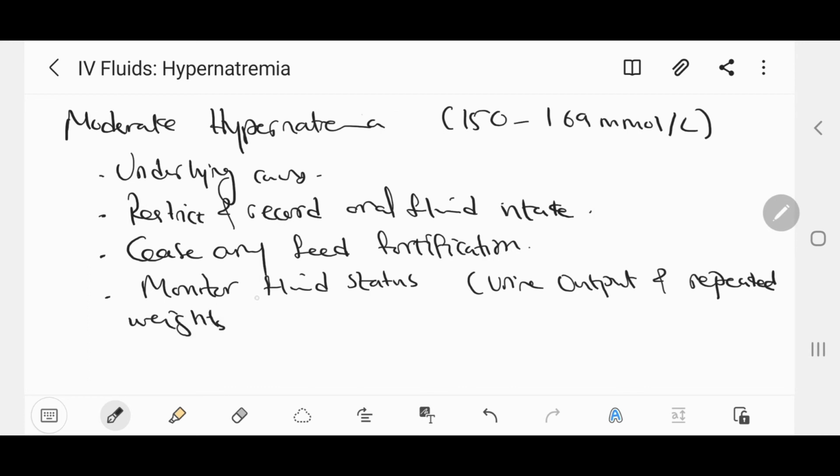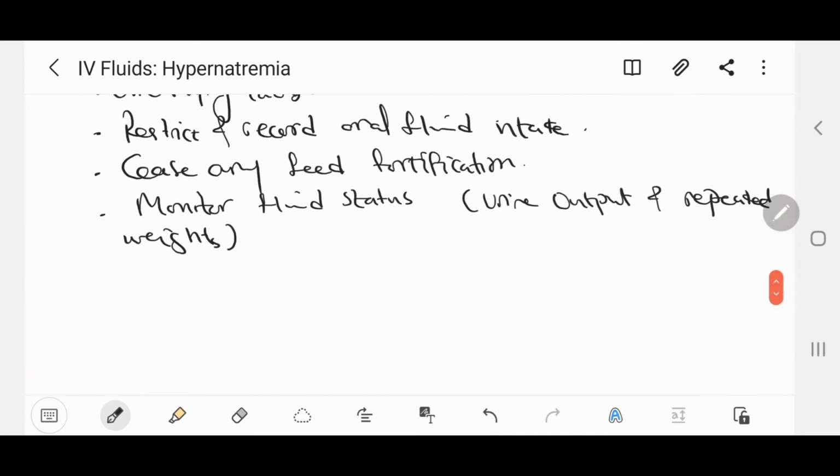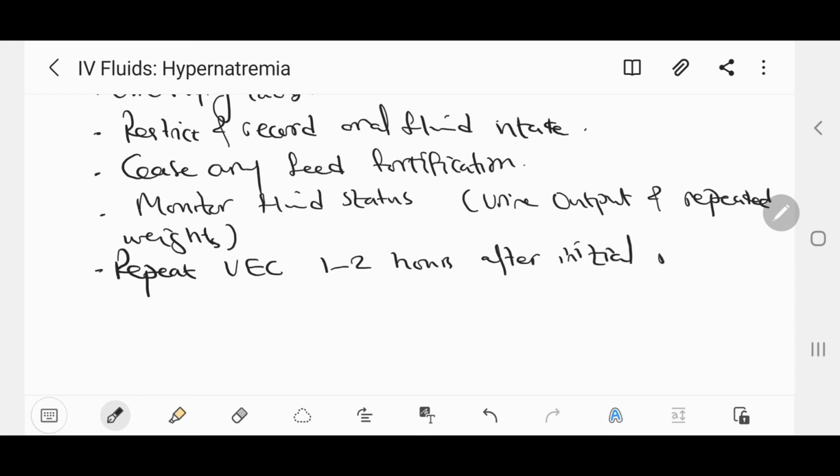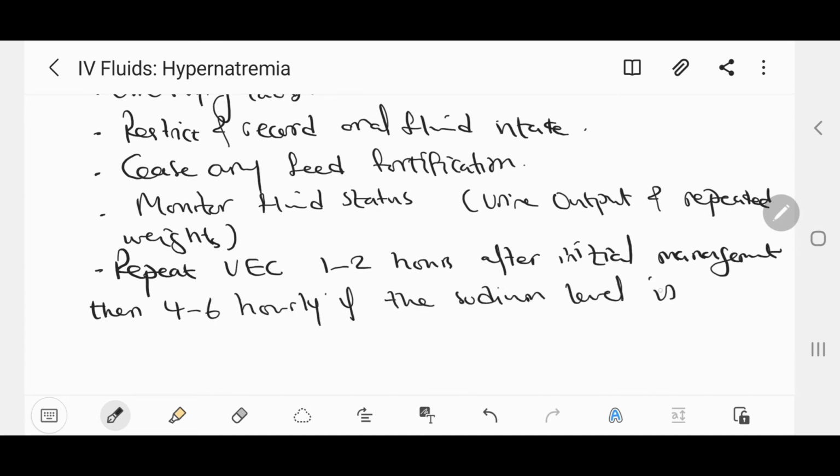We weigh at least daily and up to 6 hourly. We repeat urea, electrolytes, and creatinine 1 to 2 hours after initial management, and then 4 to 6 hourly if the sodium level is decreasing at an appropriate rate.